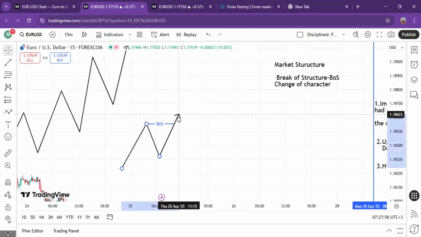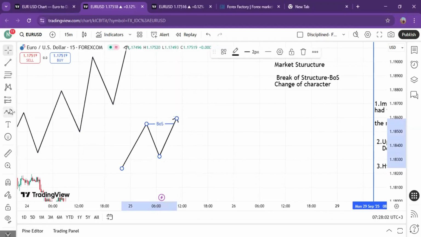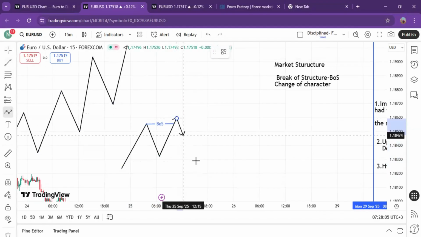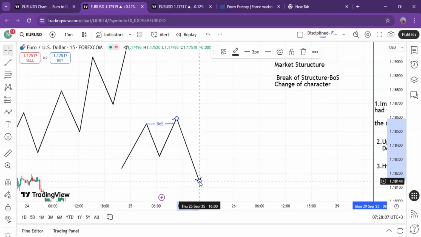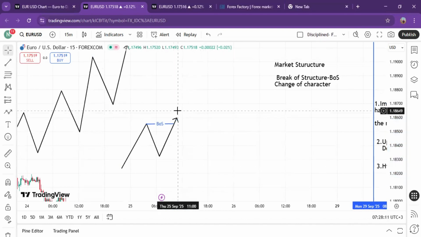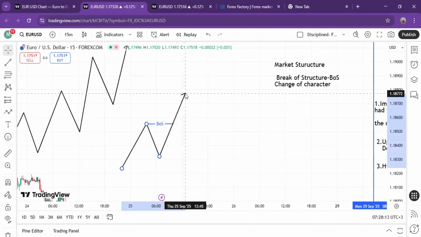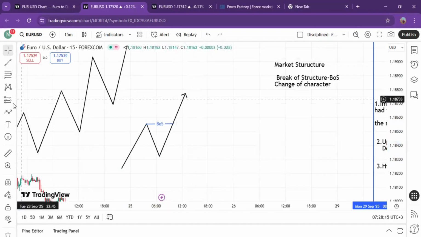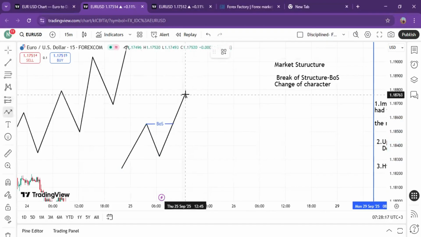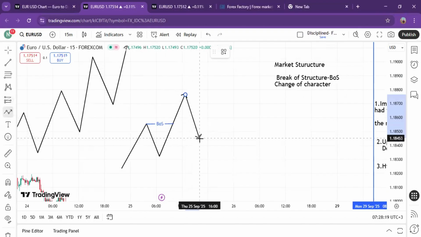Reason being, if the market just wicks above that point, then it means this can be a reversal in the market, and the market can reverse direction. But if the market gives us that push upwards, then we have a pullback.